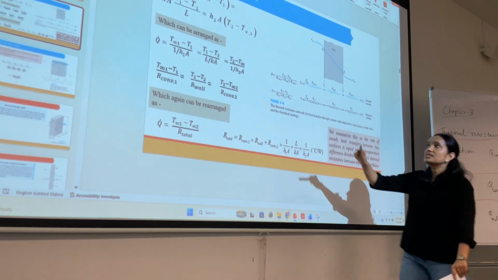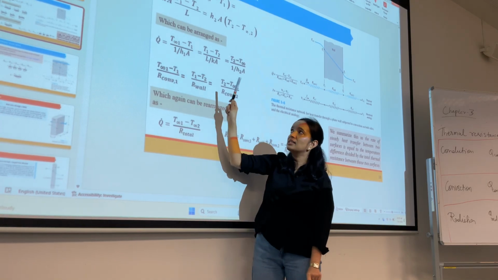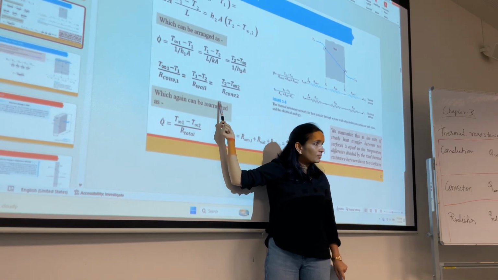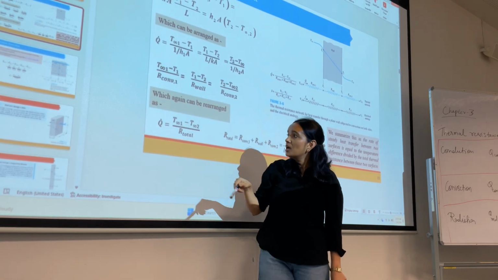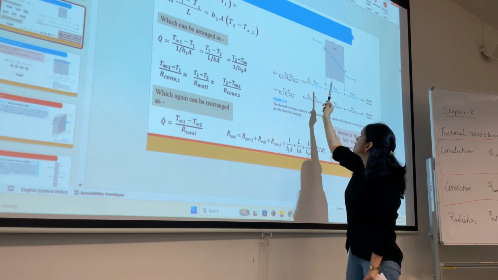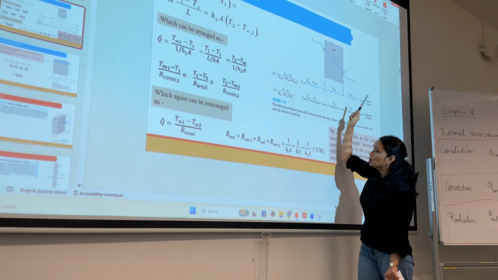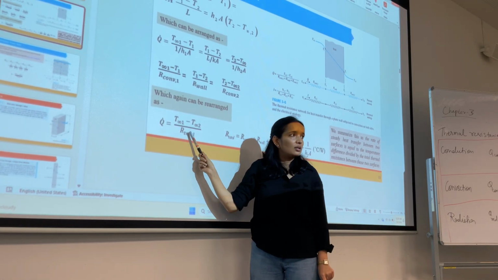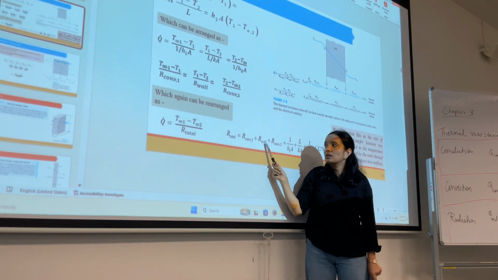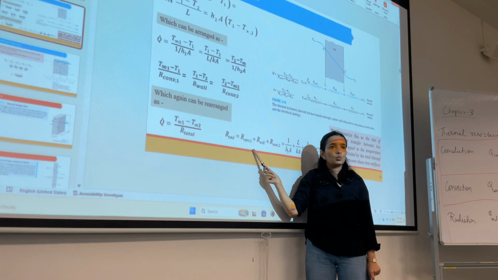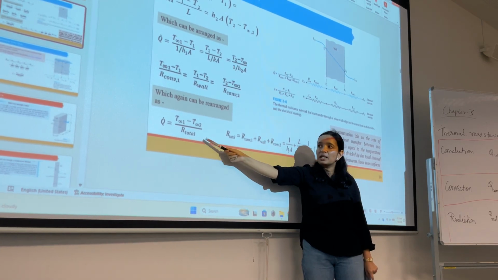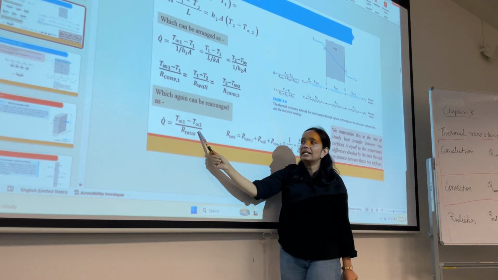So this is heat transfer, and this is thermal resistance. This is much simpler. R total from T infinity 1 to T infinity 2 is the sum of convection 1, conduction and convection 2. Understand? Now it's becoming very simple. You can just write R total.